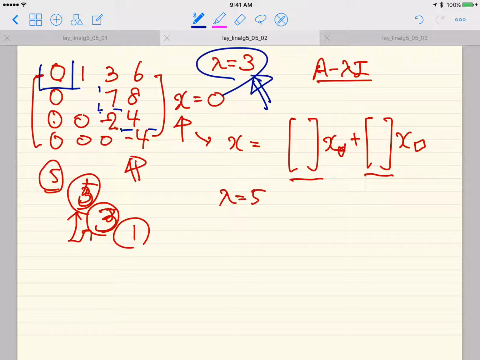Still the first column is okay, and we step up just one step at most, and then we can have this kind of form, and thus we will have 3 pivots and 1 free variable. So this one will still have 1 eigenvector, or 1 dimension. The dimension is 1 for our eigenspace, but yeah, I shouldn't have switched them.